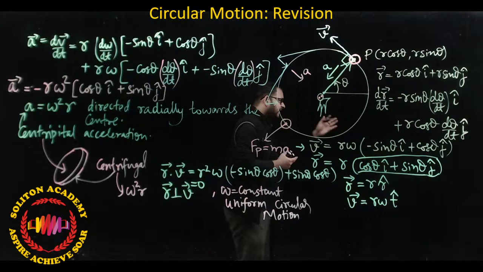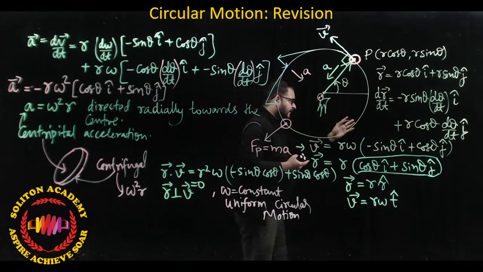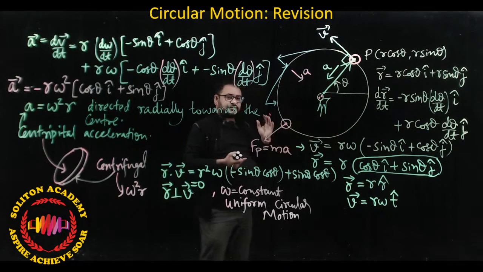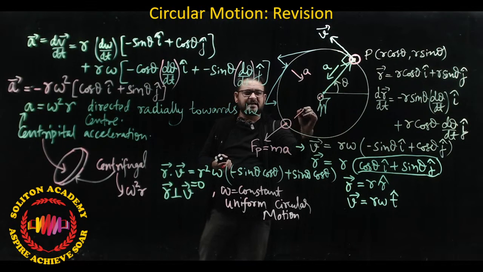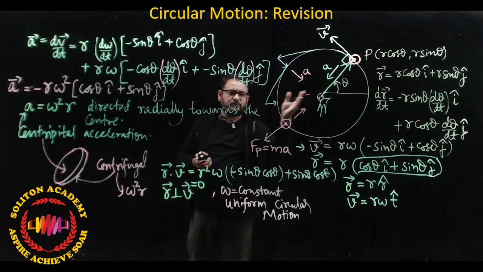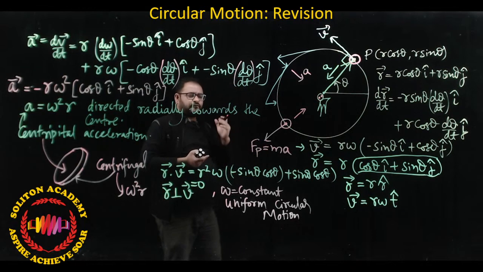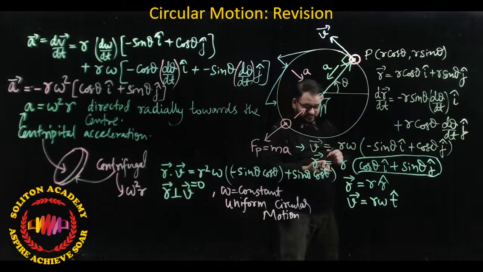When you accelerate forward, you feel a jerk behind, right? Because you're accelerating forward, you feel the pseudo force. Similarly, since this is circular motion, and he is actually accelerating towards the center, the observer will feel the pseudo force. So that's why we have to consider centrifugal acceleration and the centrifugal force.